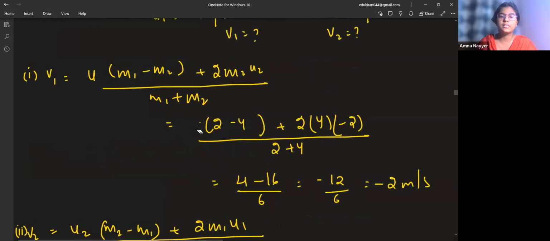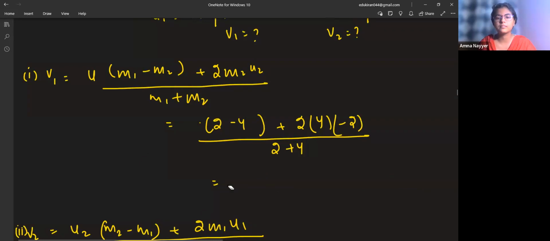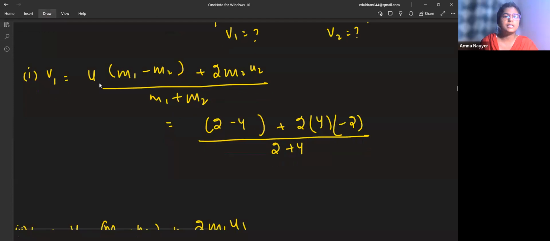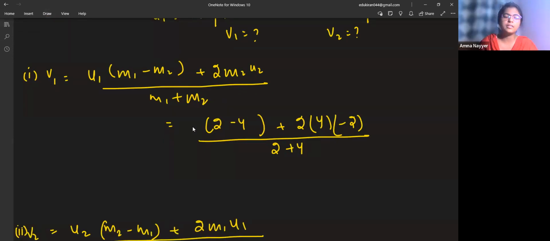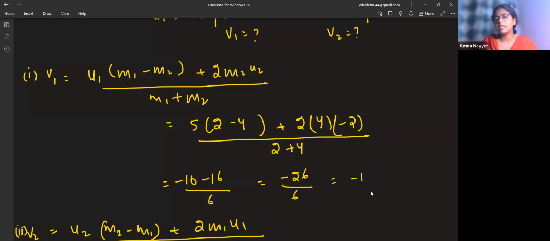If this is U1, this will be 5. So 5 into minus 2, this becomes minus 10 minus 16 by 6. That is minus 26 divided by 6. We can divide by 2 also, minus 13 by 2, this much meter per second.